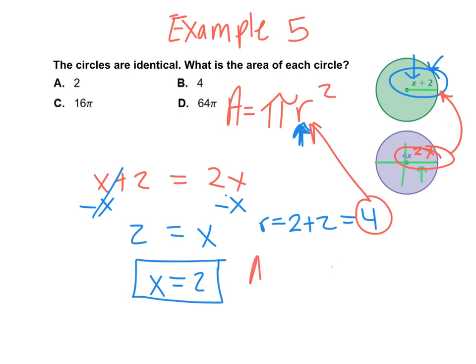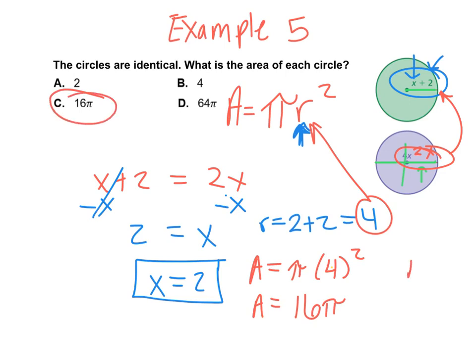So the area is pi times 4 squared. Well, what's 4 squared? 4 times 4 is 16, times pi. So is one of the options 16 pi? There you go. So the answer to this problem is C. Let me know if you have any questions.